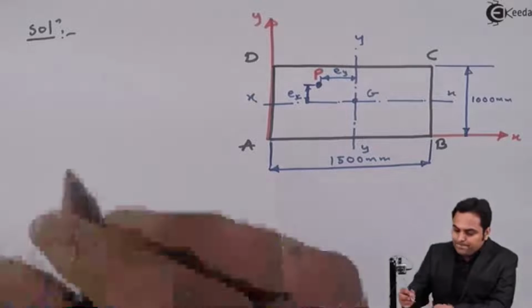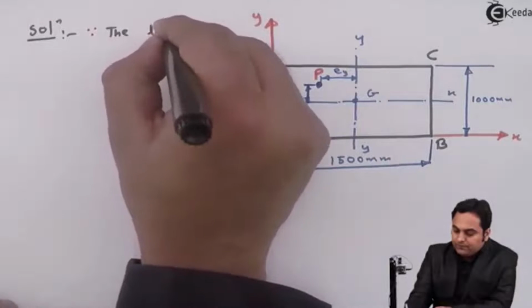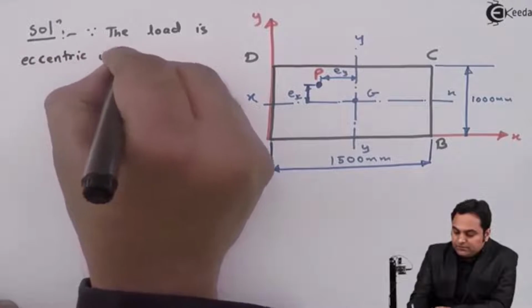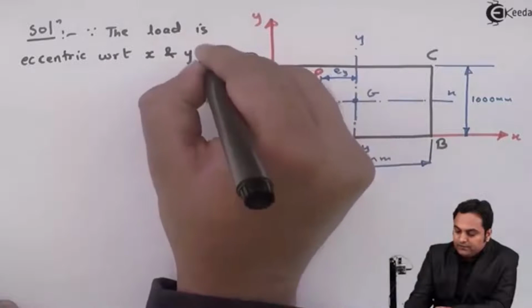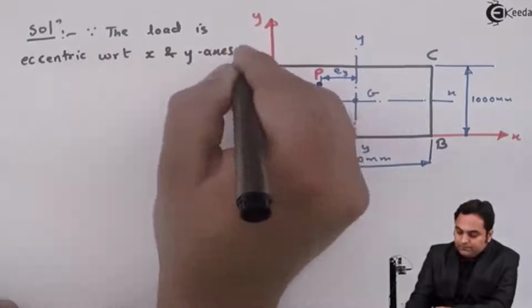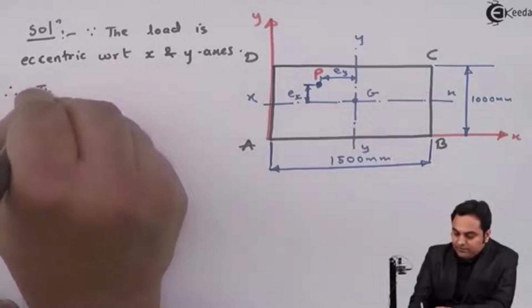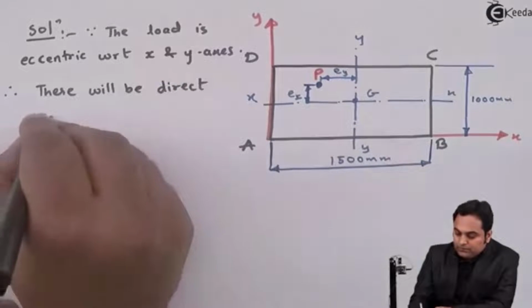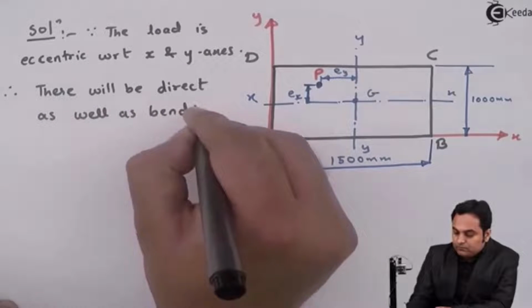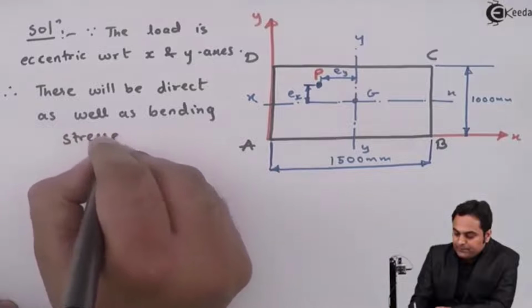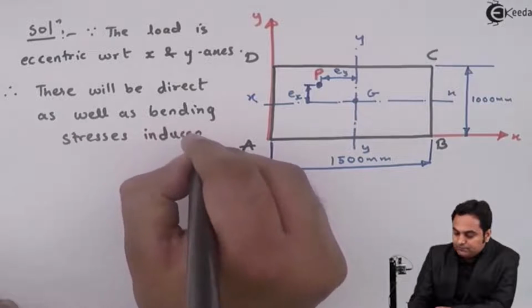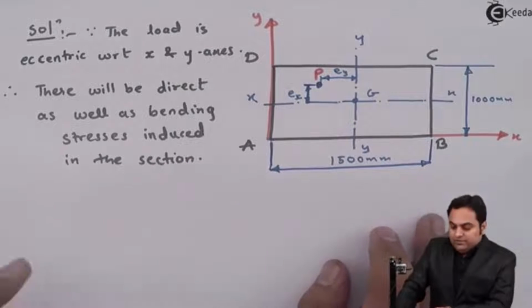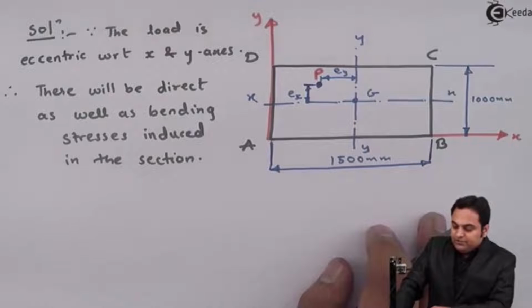So I'll say that since the load is eccentric with respect to x and y axis, therefore there will be direct as well as bending stresses induced in the section.